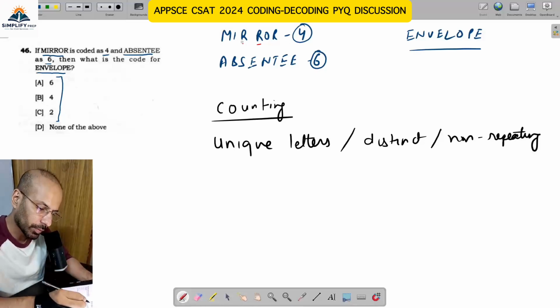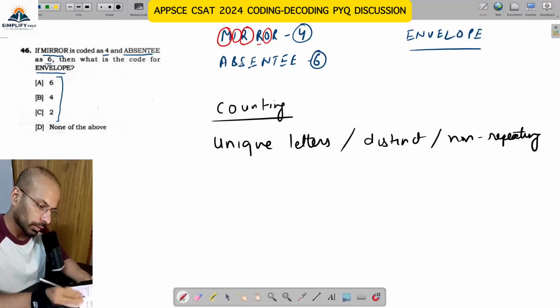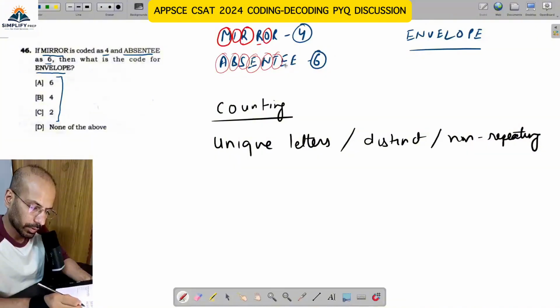We will only see unique or distinct R. So if we see the unique letters in mirror, one is M, one is I, one is R. This R is repeating, so I will not count, then I will count O. And in absentee, if we see, absentee has A, B, S, E, N, T. Now we will not count these E's because we have already counted E here. So now, if we count the unique letters in absentee, there are 6. 1, 2, 3, 4, 5, 6. 6 are there. And in mirror, there are 1, 2, 3, 4.